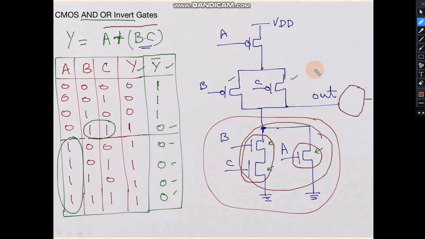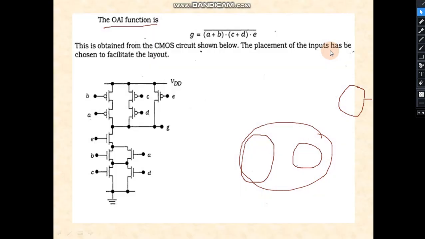We can also call these circuits OR AND Invert. So the next example is the OR AND Invert function. This example is for the expression (a plus b dot c plus d dot e) bar.